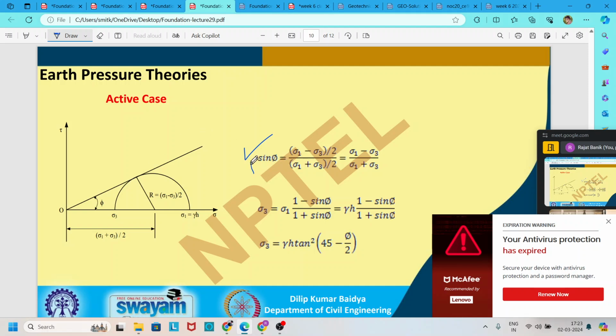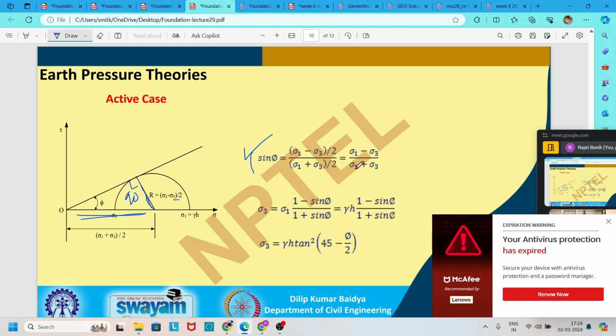So by applying trigonometry, sine phi is nothing but this side by this side, and this side is the radius of this Mohr circle, and this side is the distance from the origin to the center.